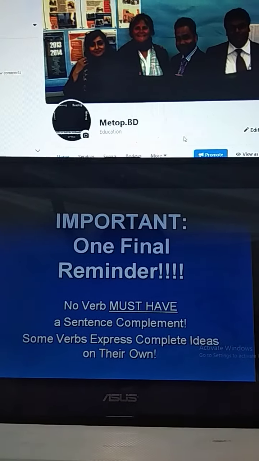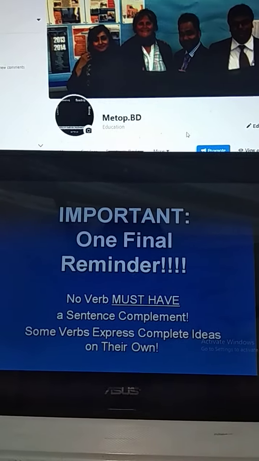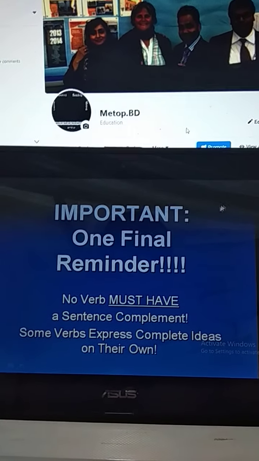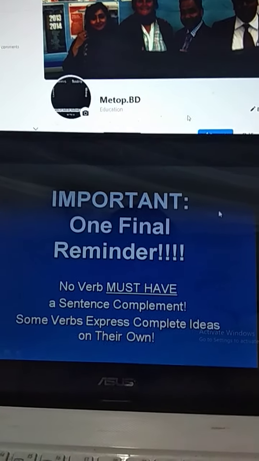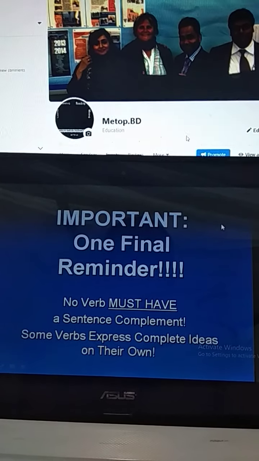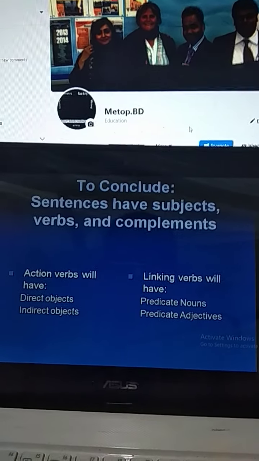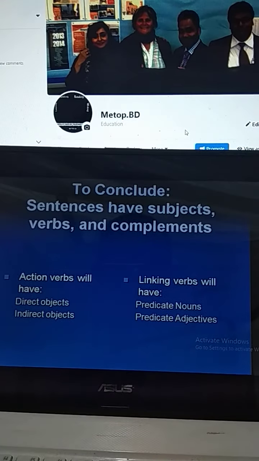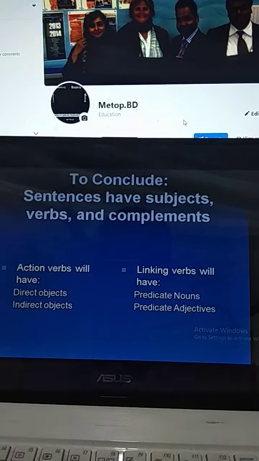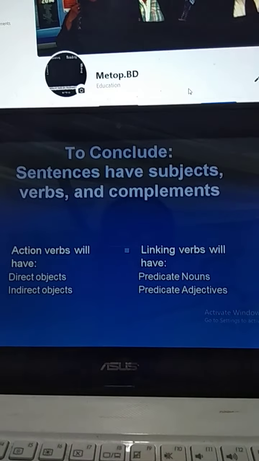So, there are some verbs that need not have a sentence complement. They themselves complete the meaning. They themselves make sense.